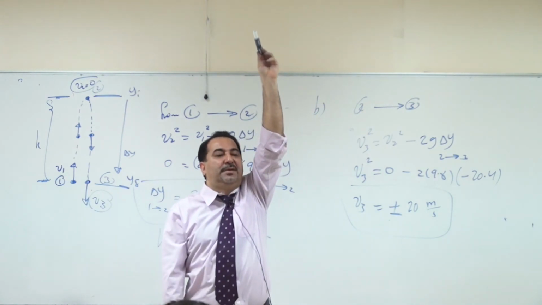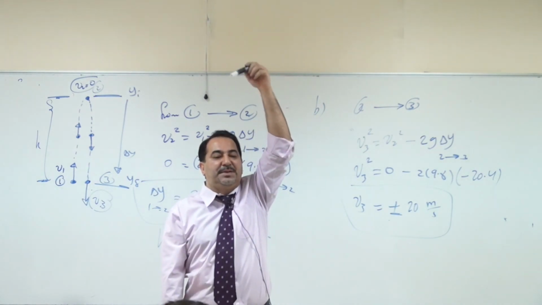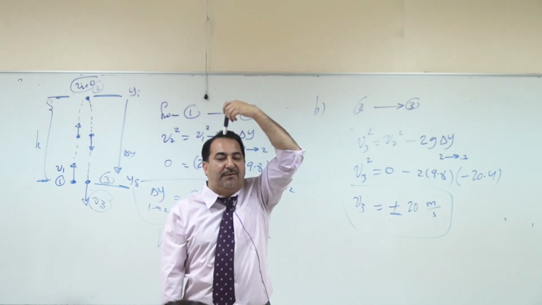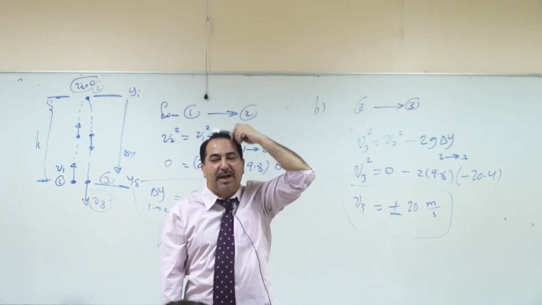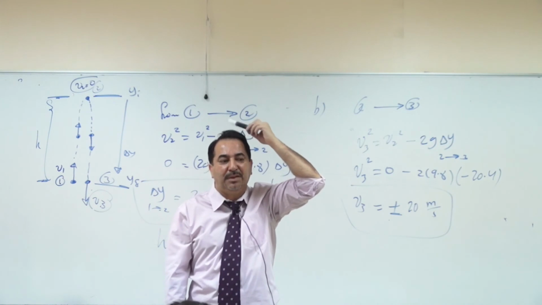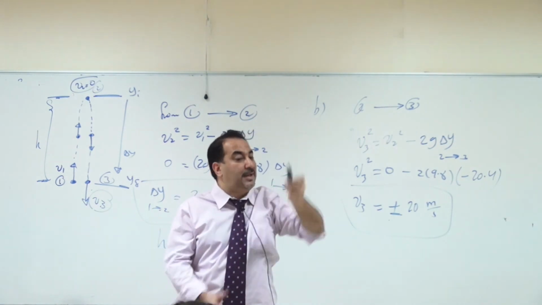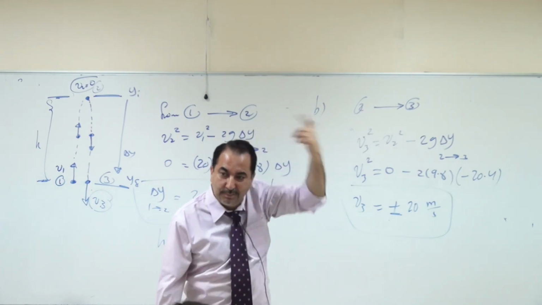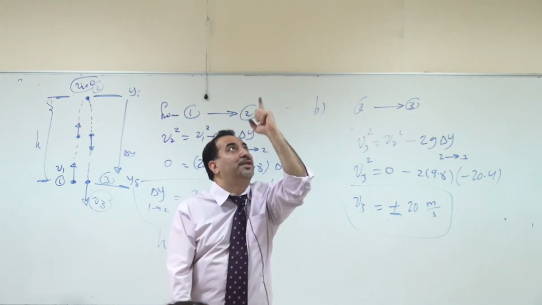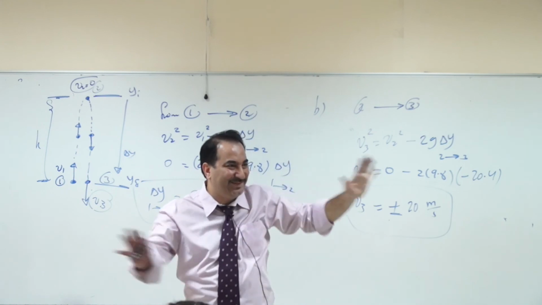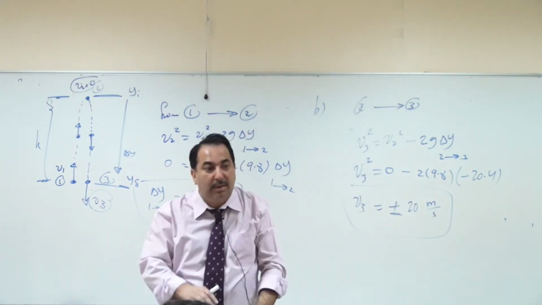Then what happens? The speed increases, increases, and it comes back to the same level. Your head, same level. What's the speed when it hits your head? 700 meters per second. It's like you shot yourself. You killed yourself. So it's dangerous.